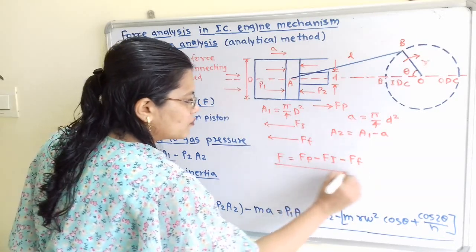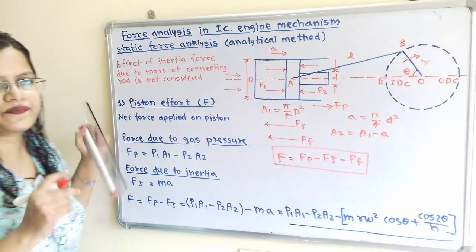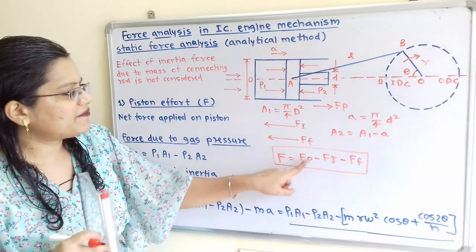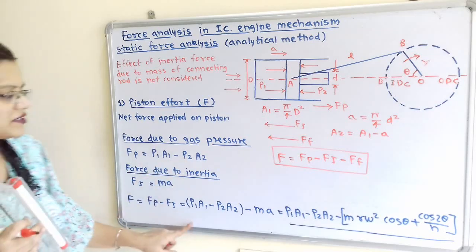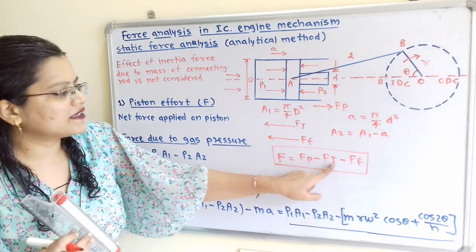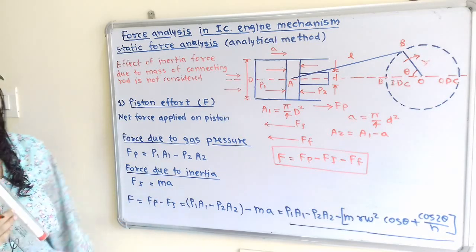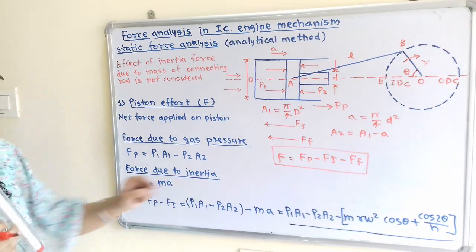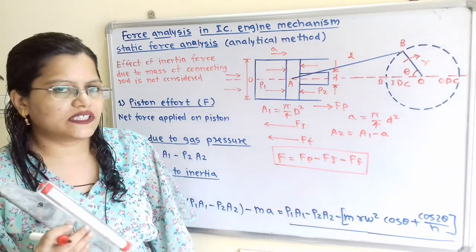So this is the formula that we have to consider to calculate F. Now this Fp we will put the value. So Fp is nothing but P1 A1 minus P2 A2. Then minus Fi. So what is this Fi? That is minus m into a. Now suppose Ff is not mentioned in the question, then we have to consider here 0.